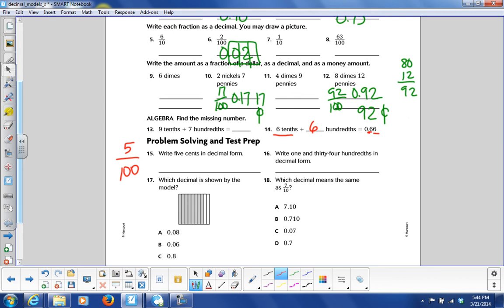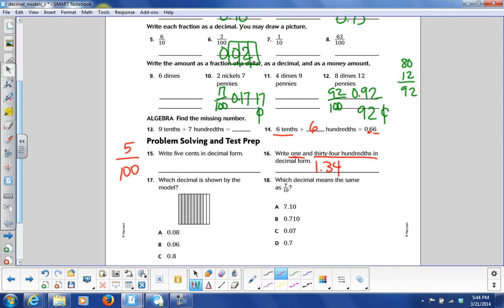Okay, so they're giving you the word form of that. So now you've got to turn that and write it in decimal form. I would say that's 1 and 34 hundredths, which it shouldn't be introducing you to that yet because we haven't learned mixed numbers, but that's what Miss Fernley would believe that the answer is. And checking in the book, that's correct. So I've got 1 whole and then 34 hundredths.